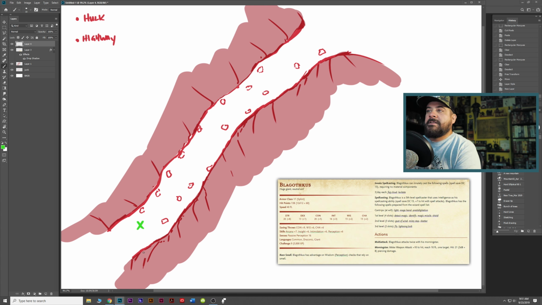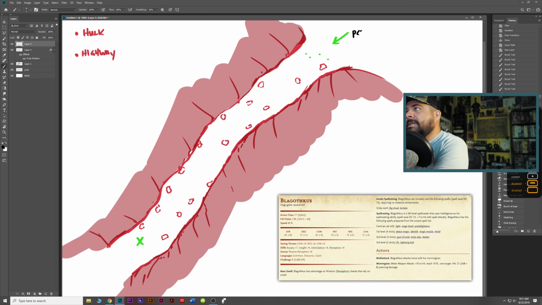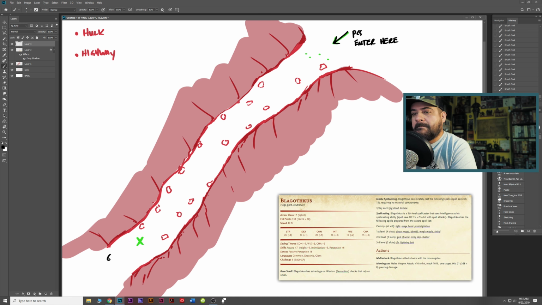There he is. There's the giant. The PCs are over here somewhere, right? They're coming through this pass. PCs enter here. Boom. Right from here. Okay? Now, he doesn't stay still. He roams.